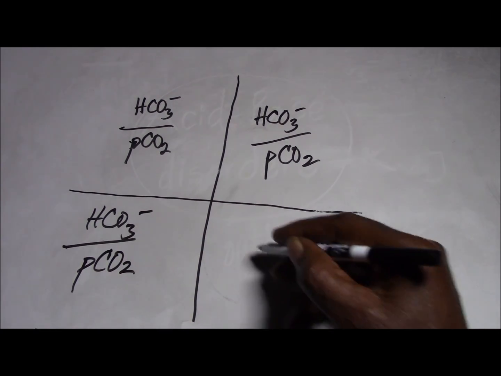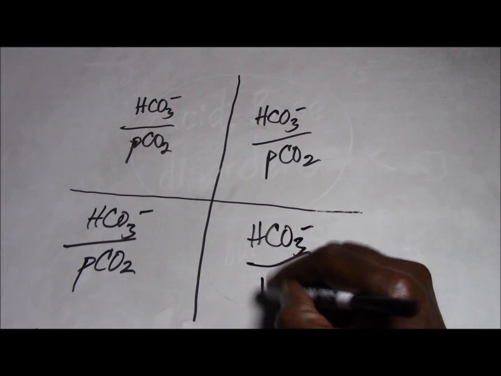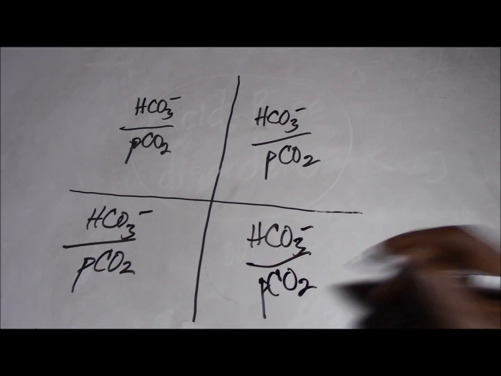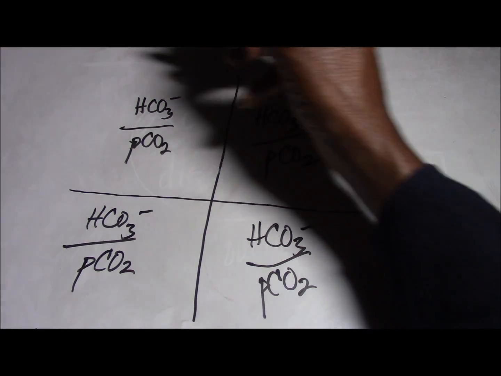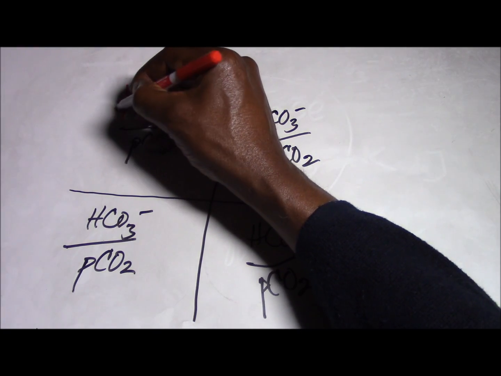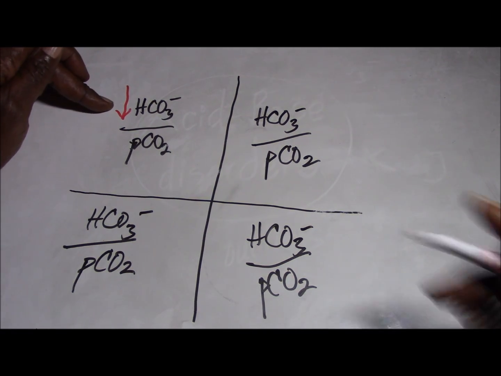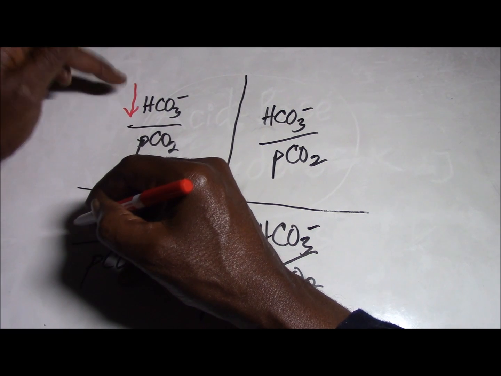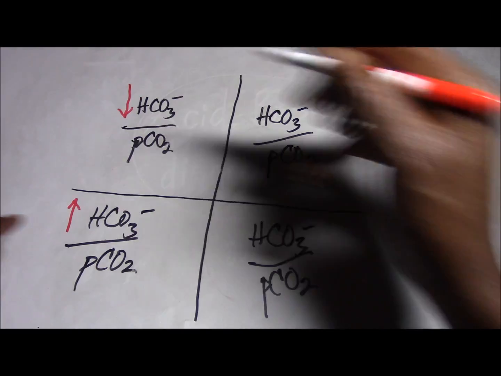Okay? Now, the next thing to do, I'll use the red pen just for clarity. You put this arrow downwards here. So you say down, and then in this other quadrant opposite it, you have this up here. All right?